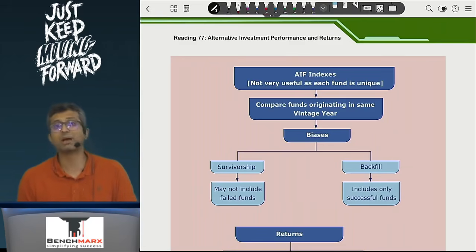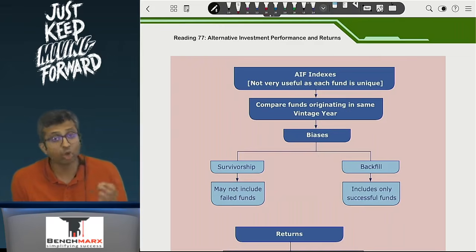Or there can be a backfill bias, like an index can be subjected to rebalancing. You might include something, remove something, include something, remove something. But when you include a new constituent into the index, then that data, if I give it for the comparative years, will also be restated, and hence I will usually include a company which is successful. There's a notion over here of selection bias and backfill bias. Over here there's a notion that you are going to invest in a company.